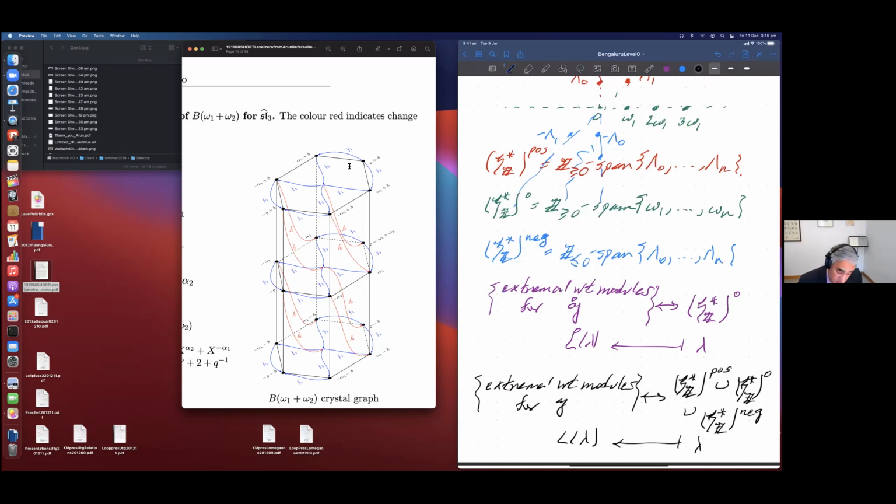Now it's very special that in finite type, this extremal weight can be replaced with irreducible finite dimensional. These are the same thing in finite type, but in affine type this is definitely not equal to irreducible finite dimensional. And it's also not equal to irreducible highest weight.